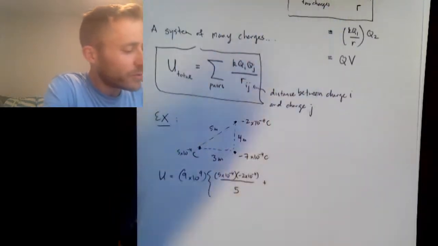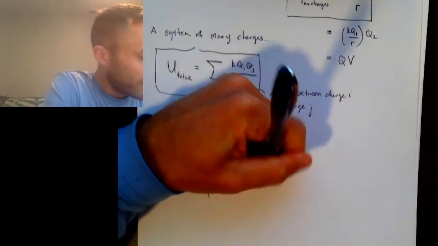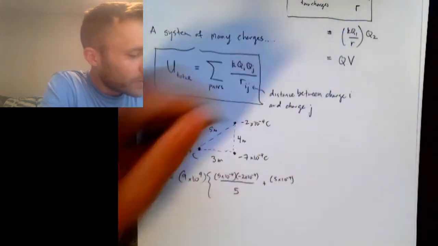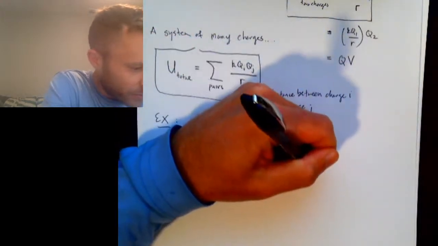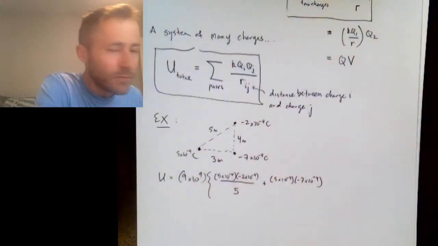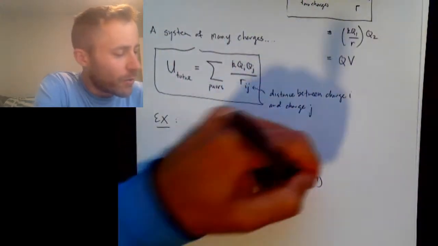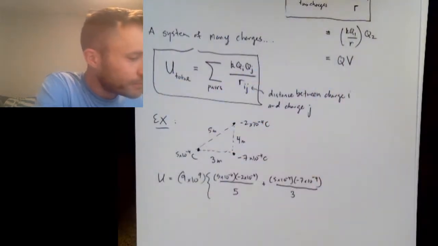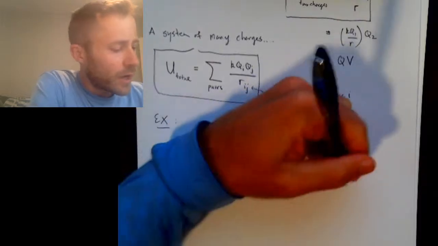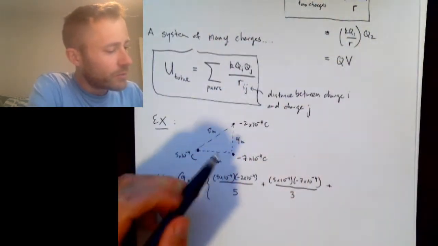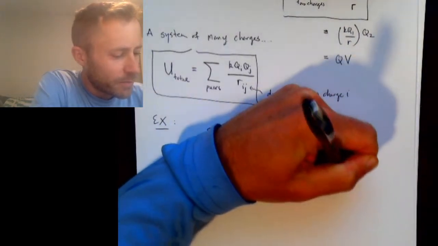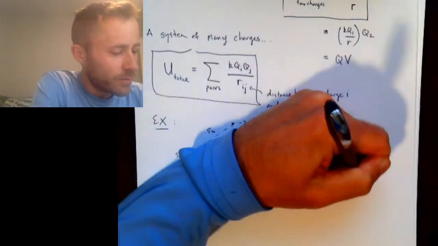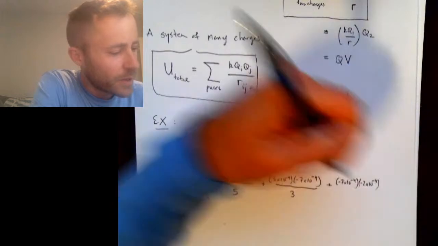And then I have plus, let's do this pair next, 5 times 10 to the minus 4 times negative 7 times 10 to the minus 4, all right, over 3. And then the last pair I have is negative 7 times 10 to the negative 4 times negative 2 times 10 to the negative 4 divided by the distance between them, which is 4.